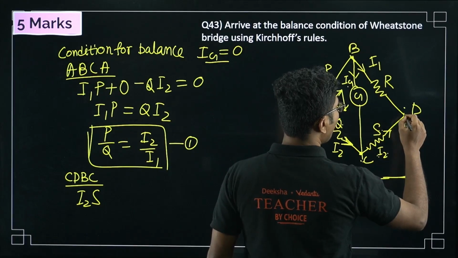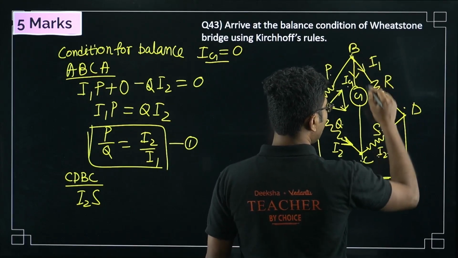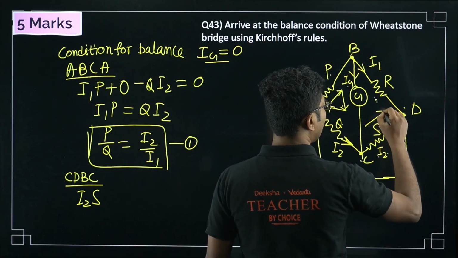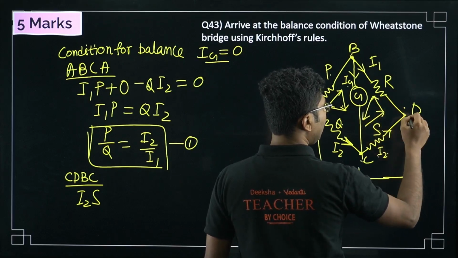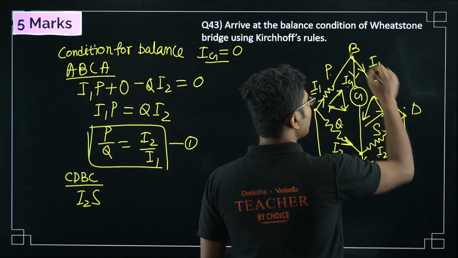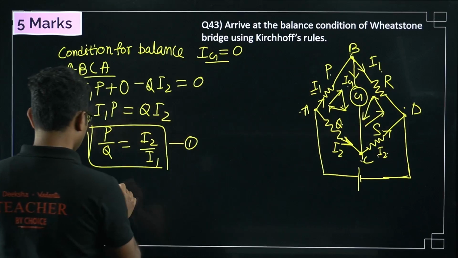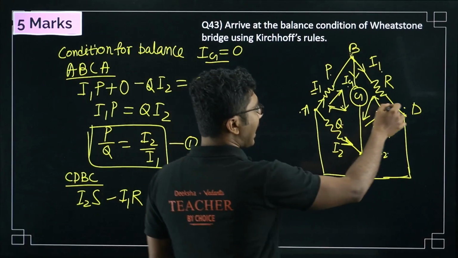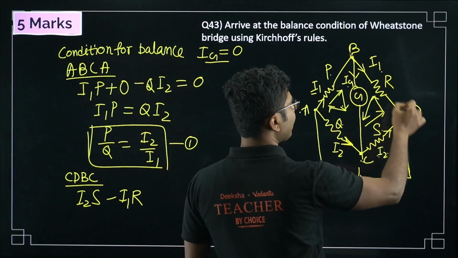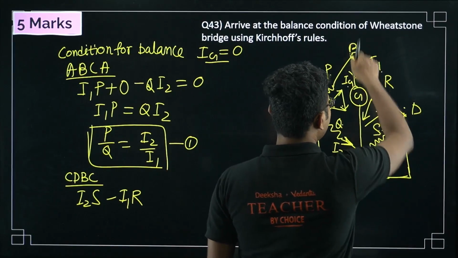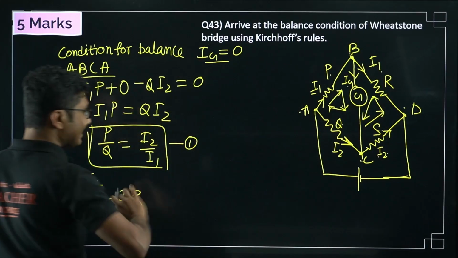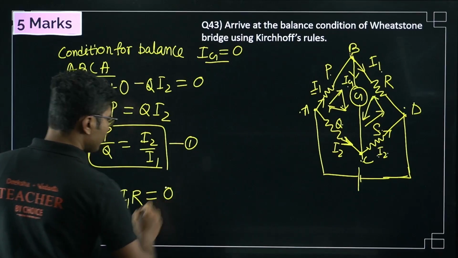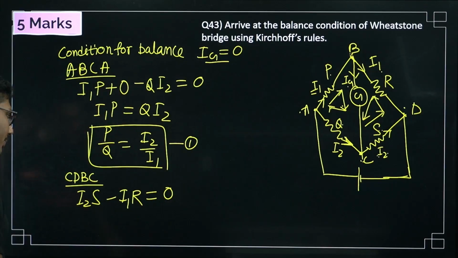Now here we are going in the opposite direction, so it will be I1 into R. So minus I1 into R. Why minus? Because as we are going in the opposite direction of the current, it will be negative. Now here the G is 0, so we don't need to consider it. So it should equal 0.